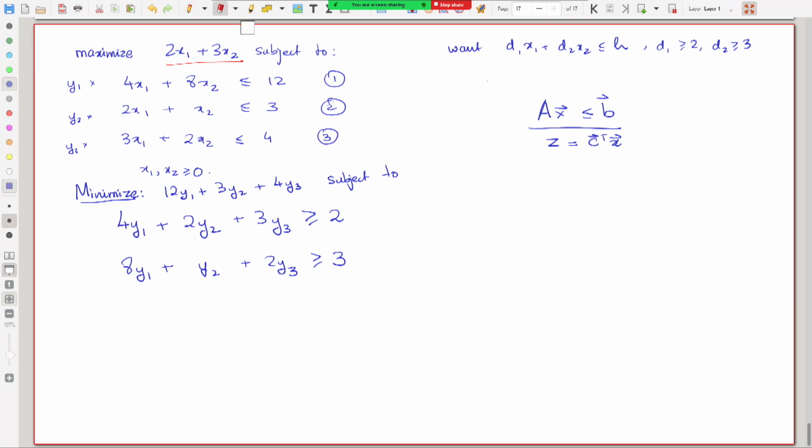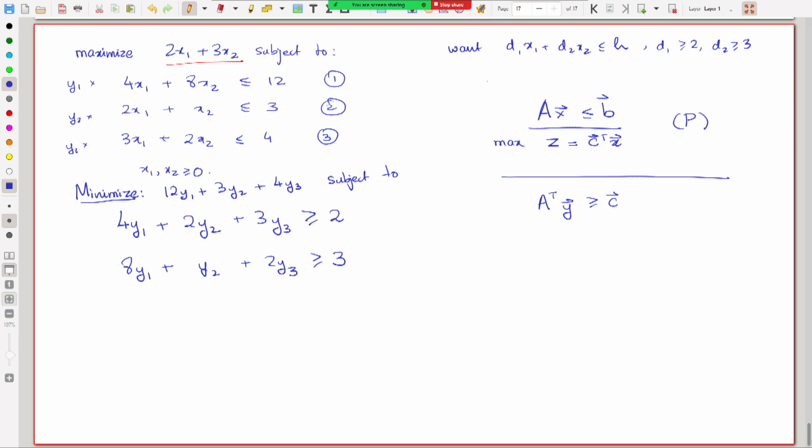Primal means first. Then what does the second program look like? A transpose y greater than or equal to C, and what should we do?